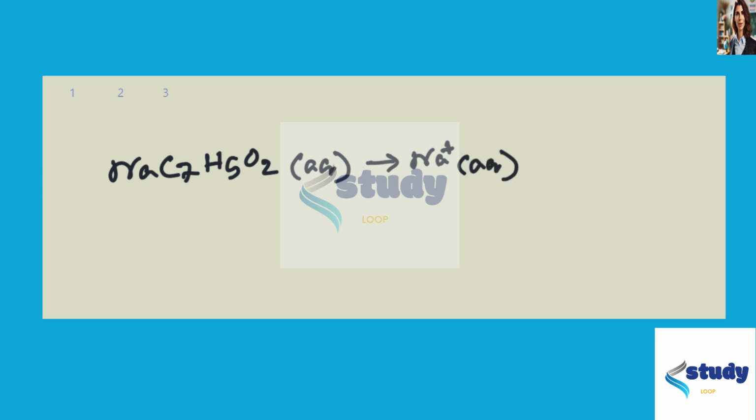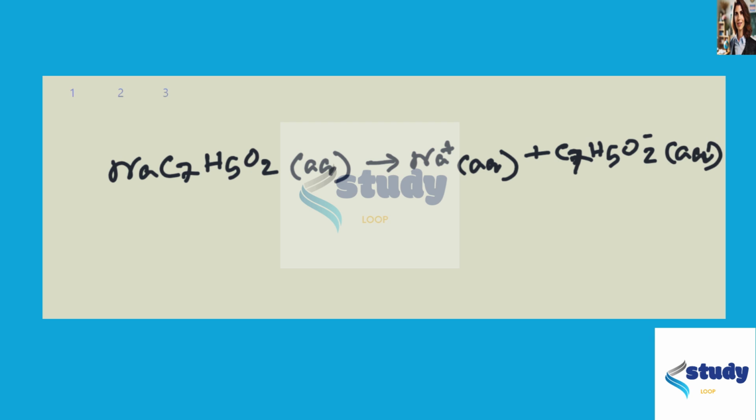The sodium benzoate, NaC7H5O2, will dissociate as Na plus aqueous plus C7H5O2 minus.